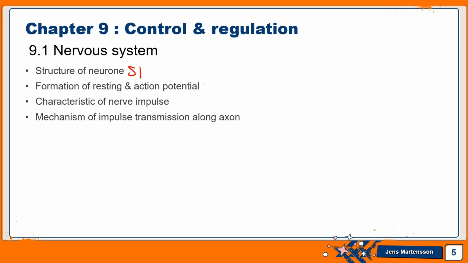If you don't know the structure of the neuron, then you don't know how to apply it in these three topics. So for this topic, I think mostly teachers will not carry it out too much.